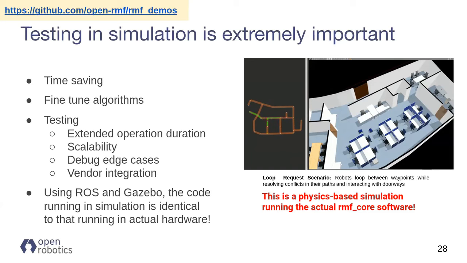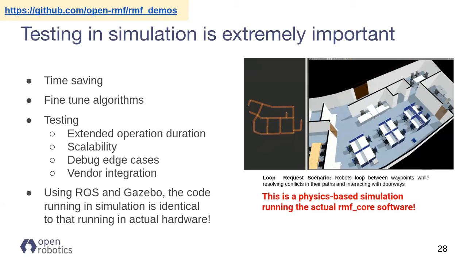As I said, it allows you to fine-tune algorithms, and you can have testing running at any point, at any time. You can scale, you can debug different edge cases. You can move it around. So it gives you a flexibility that you will never have in the real world. And especially with these big scenarios, simulation plays a really big part, right?